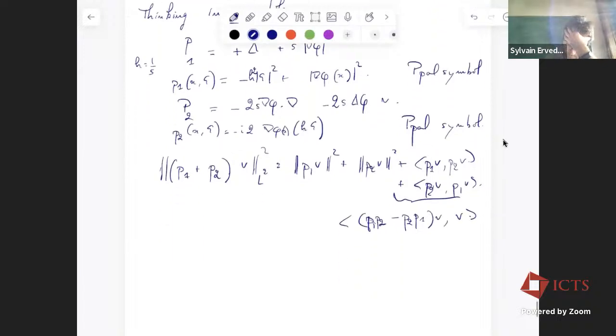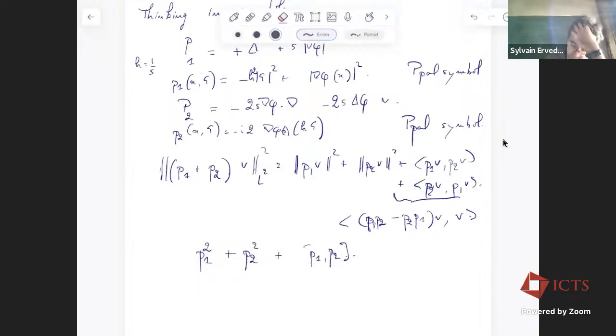So it means that the symbol in here should be P1 square plus P2 square plus the symbol of the commutator. And of course, the symbol of the commutator, sorry, which is 1 over I of P1, P2.